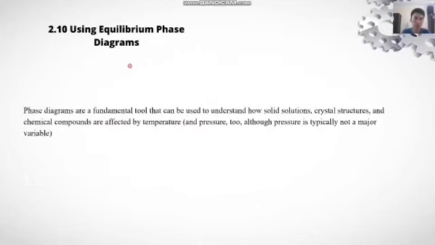2.10 Using equilibrium phase diagrams. Phase diagrams are a fundamental tool that can be used to understand how solid solutions, crystal structures, and chemical compounds are affected by temperature and pressure too, although pressure is typically not a major variable.